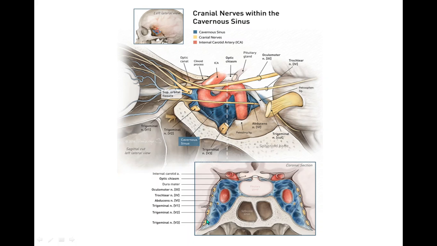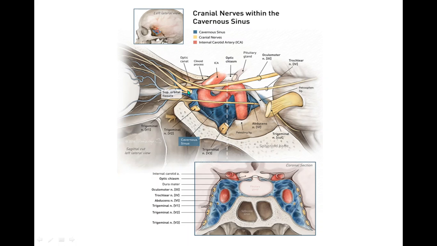You can see the ophthalmic, slightly inferior to that is the maxillary, and even slightly posterior to that will be the mandibular nerve. So that is the relation of the trigeminal ganglion with its divisions to the cavernous sinus. This is an important picture to show that relation.